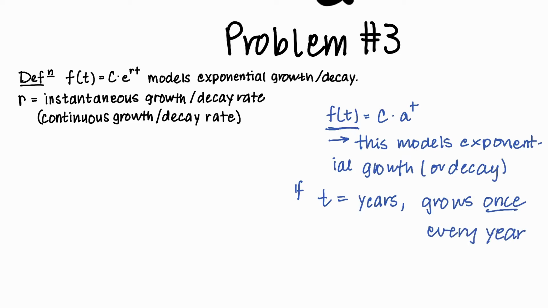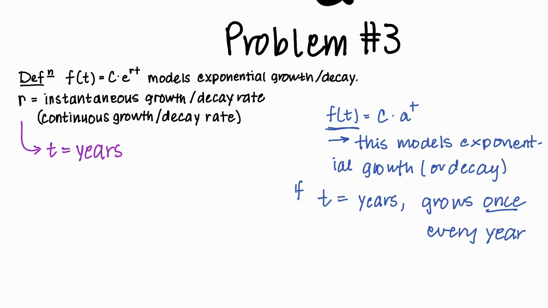On the other hand, this continuous growth or decay rate, this means that I'm not growing, let's just say t is going to be in years again over here, once every year by a certain factor.